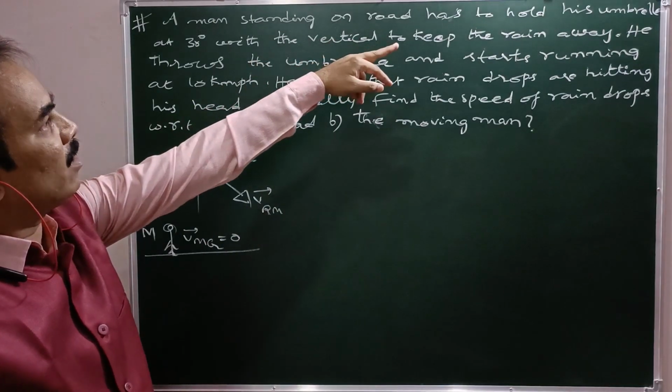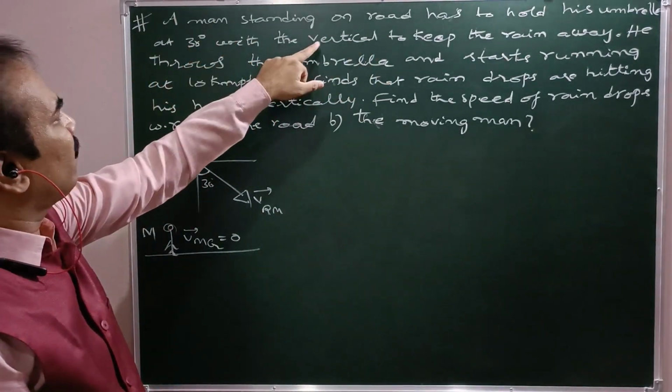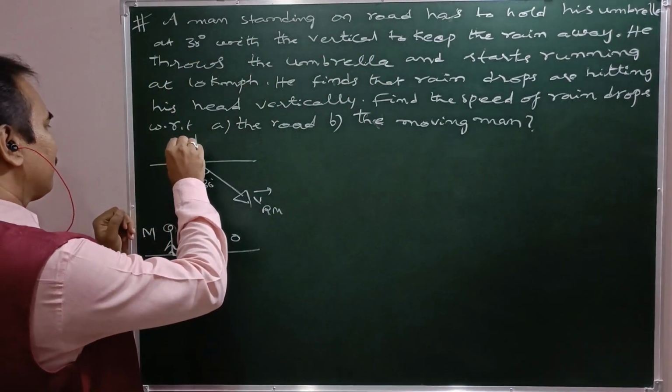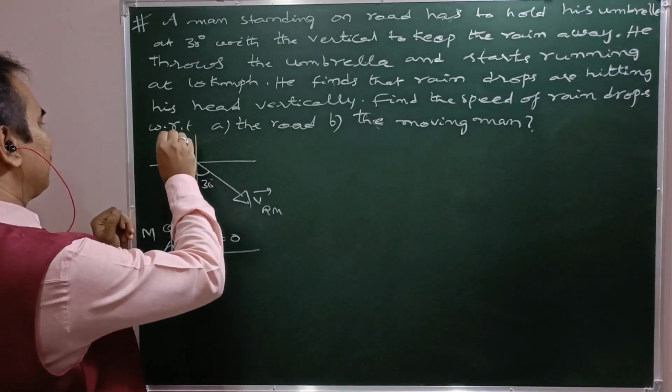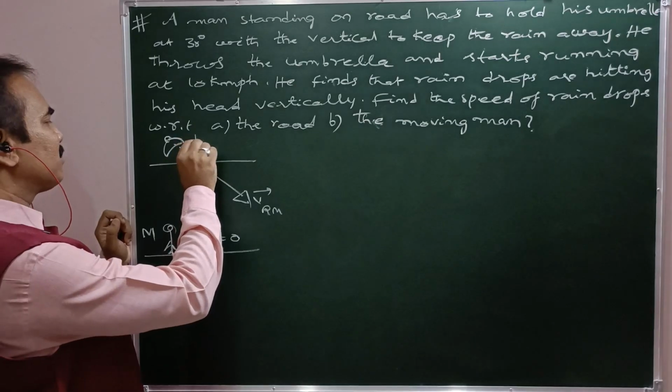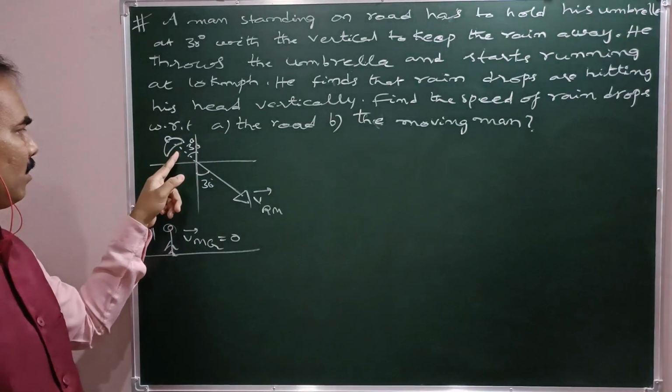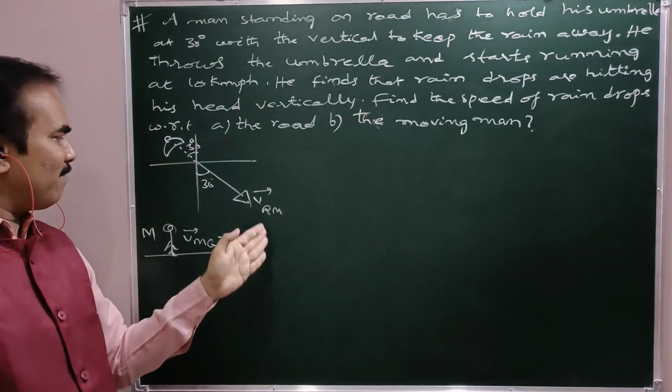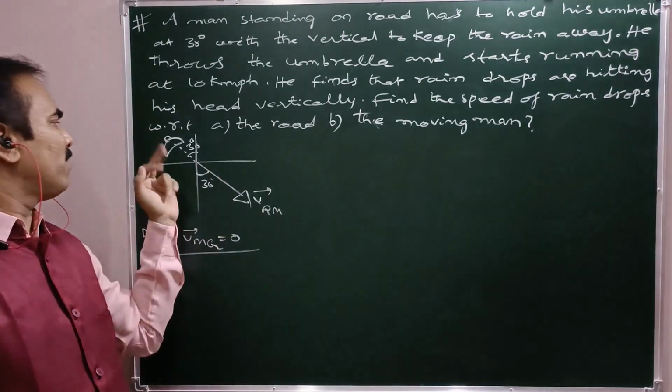So he holds his umbrella at 30 with the vertical like that. See, this is the umbrella. So if it is 30 degrees, this one also 30 degrees. See, he holds his umbrella along the same line of VRM but opposite to VRM.